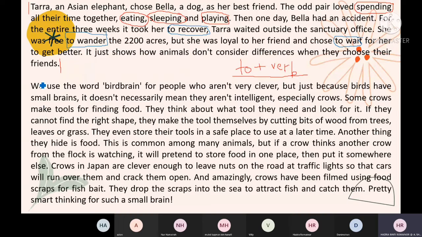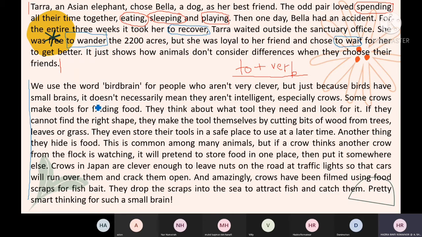So next paragraph, the paragraph we use is taken from the text about clever crows, page 98. Okay, so all right.